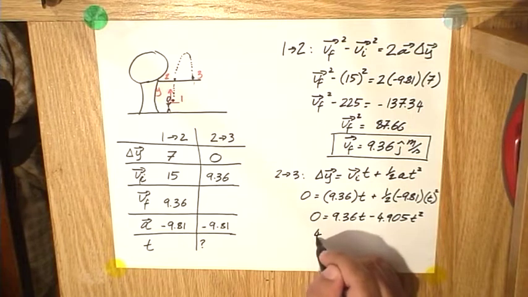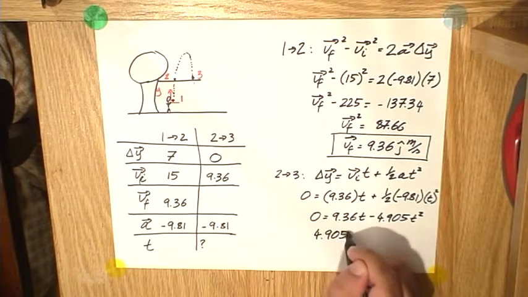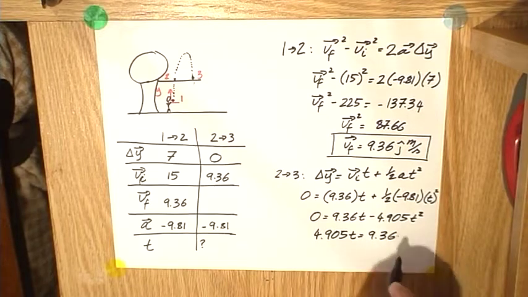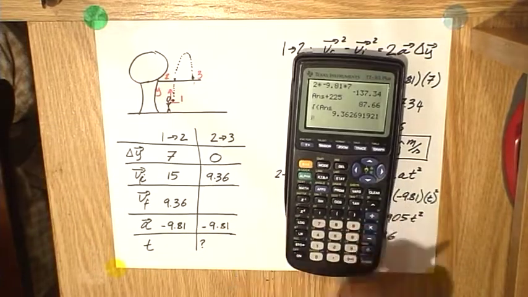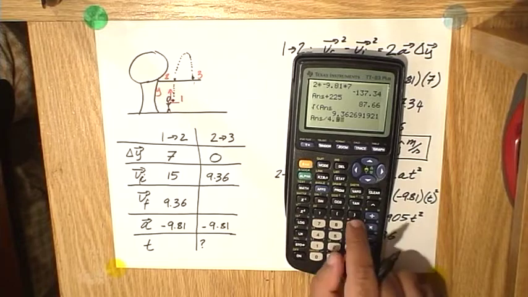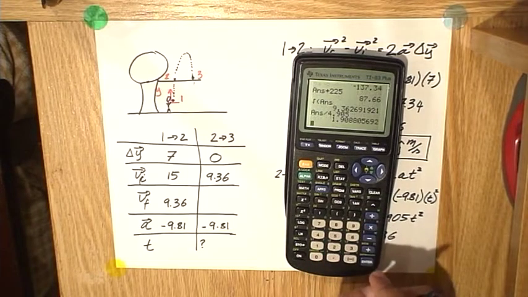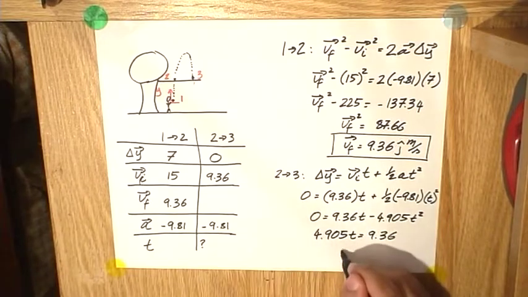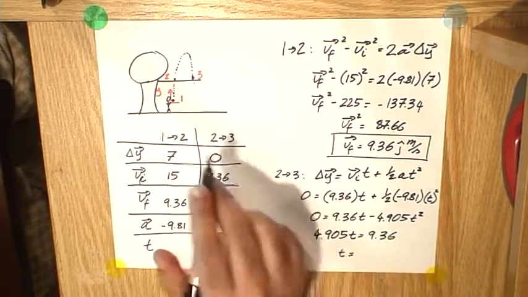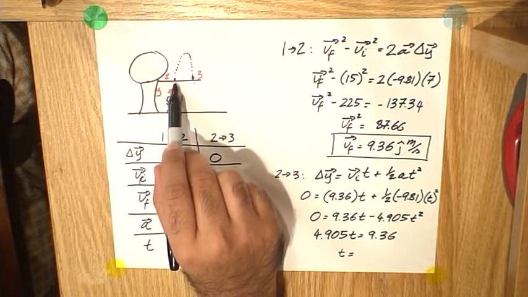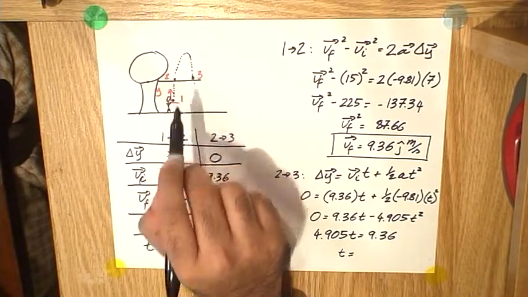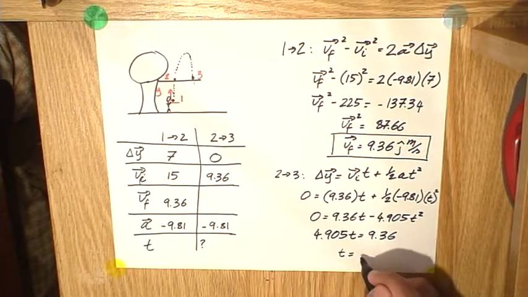That would give me 4.905 t is equal to 9.36. So 9.36 divided by 4.905 will give me 1.91 seconds. So the time that elapses between photo 2 when it reaches the branch the first time and photo 3 as it reaches the branch on the descending path is 1.91 seconds.